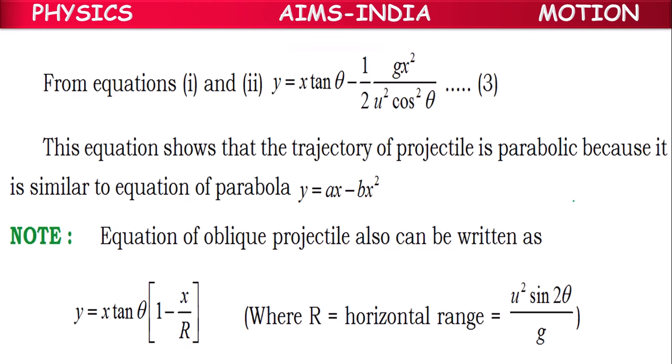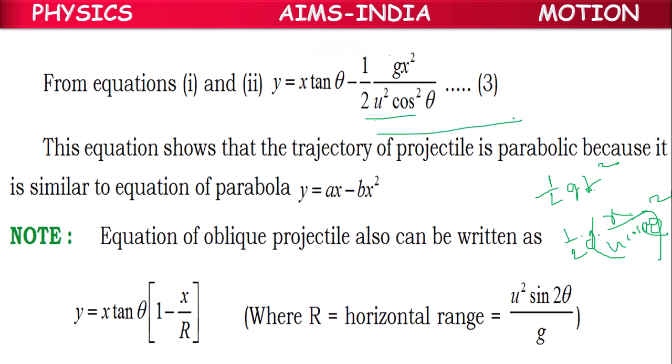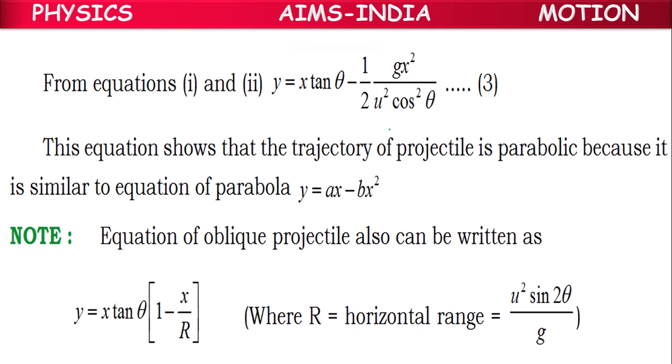So in the place of half g t square, t value is x by u cos theta whole square. So what can we write? Half g into x square by u square cos square theta. This we can write. So this is the x term and this is the x square term.